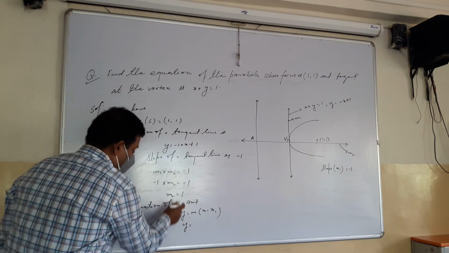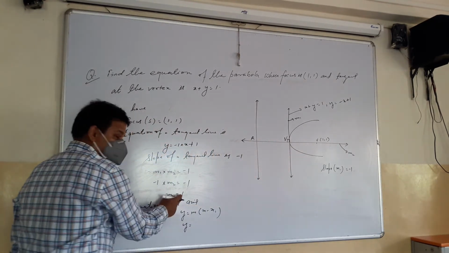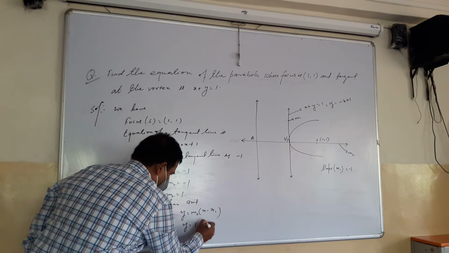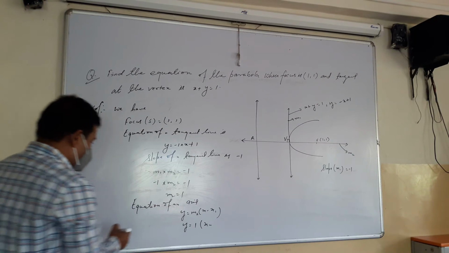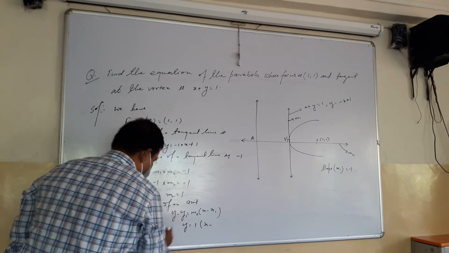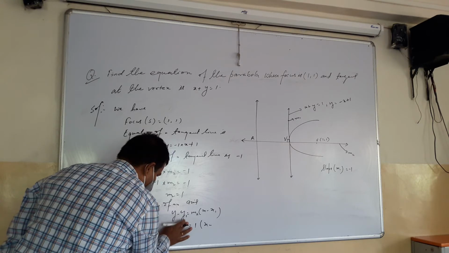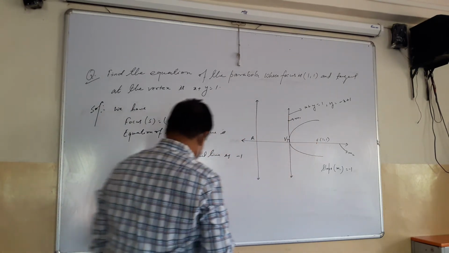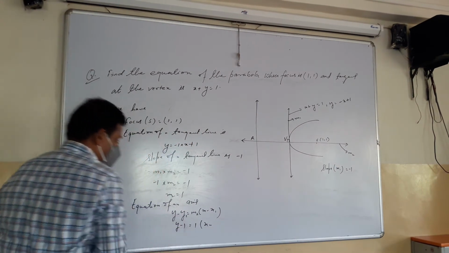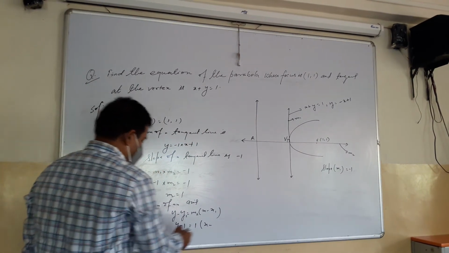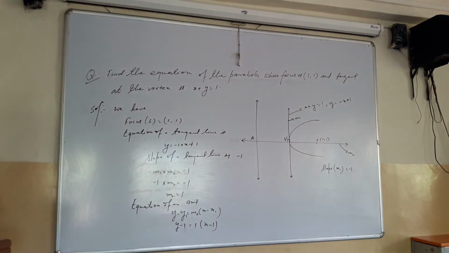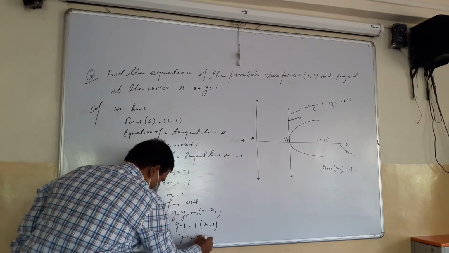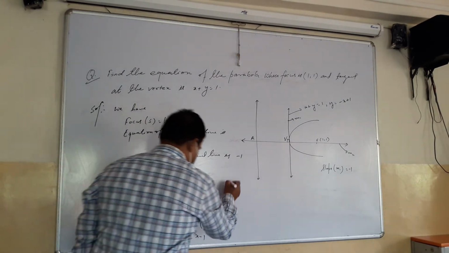The slope of this line, m2, is 1. Here x1 is 1, y1 is 1. So y minus 1 equals 1 times x minus 1. Any doubt? So y minus 1 equals x minus 1. Okay, clear?